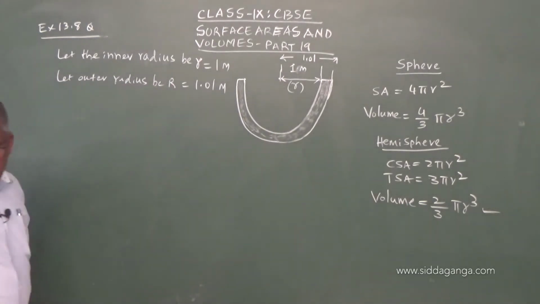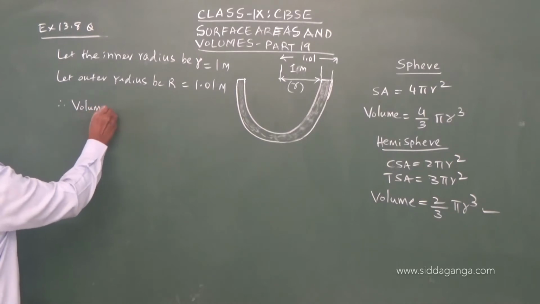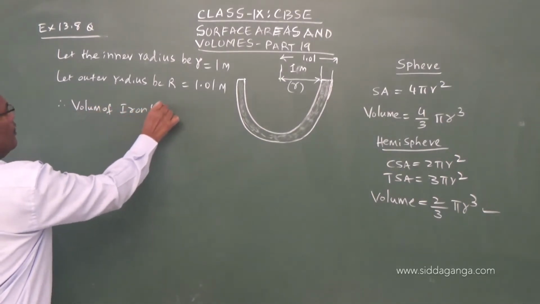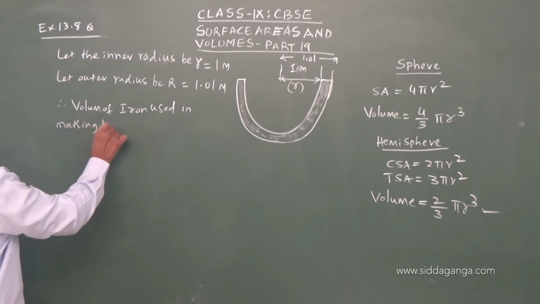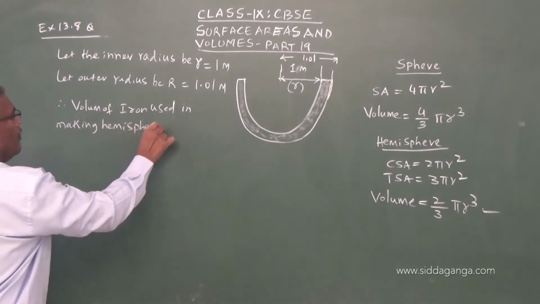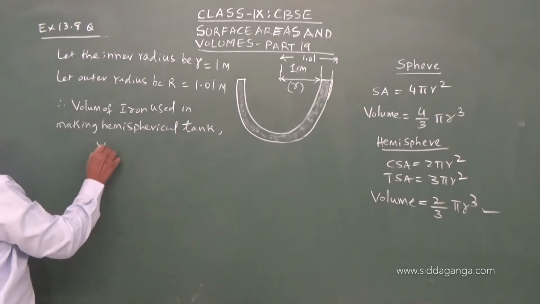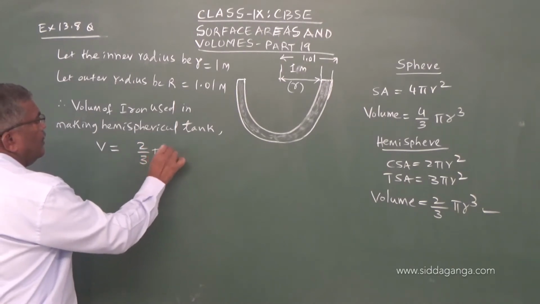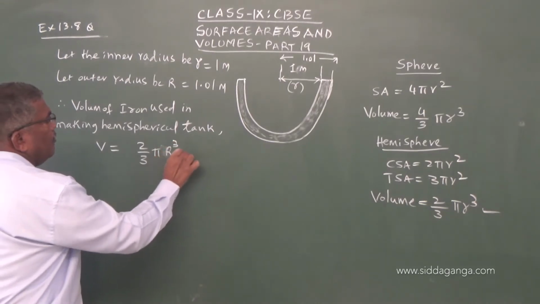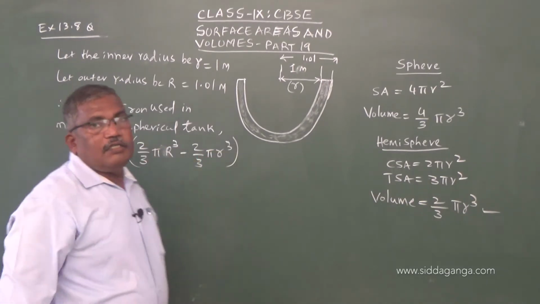Therefore the volume of iron used in making the hemispherical tank will be equal to the outer volume, 2 by 3 pi capital R cube, minus 2 by 3 pi small r cube. I hope you understand this.